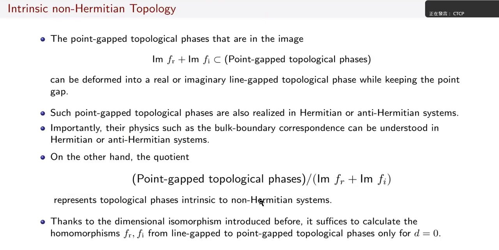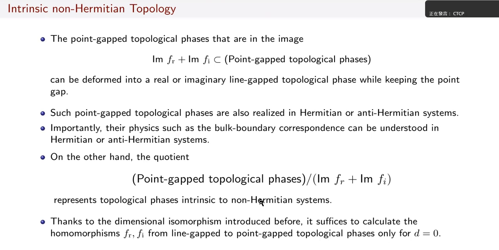The meaning of this homomorphism is that the images of these homomorphisms, F_R and F_I, can be realized as a Hermitian system. So in this sense, they are not intrinsic to non-Hermitian systems.